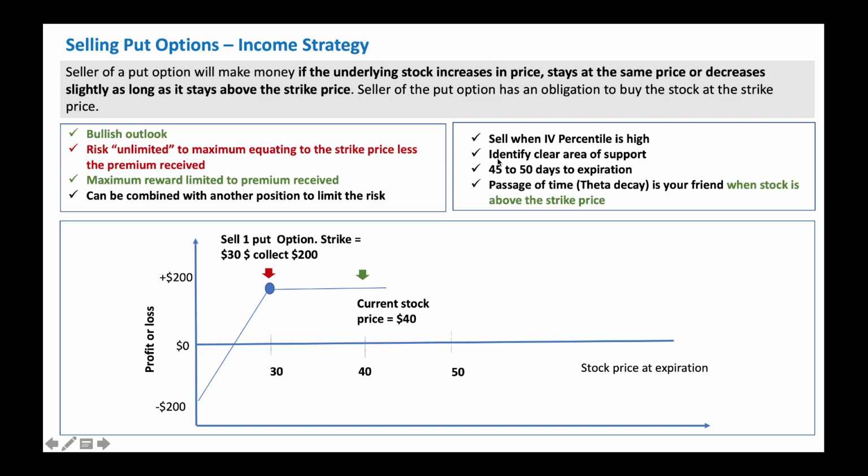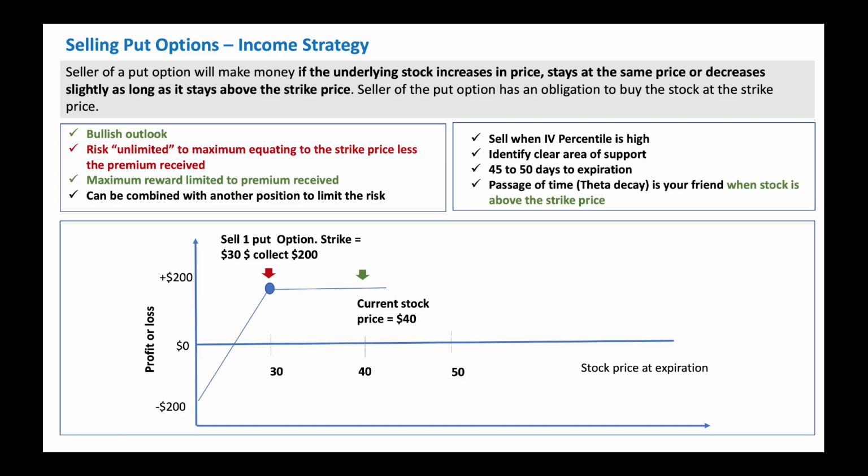And you identify a clear area of support, so that way you know the stock will not go below that support area. So you select the strike price in such a way that your strike is around the area of support, so you expect to keep the premium that you received.